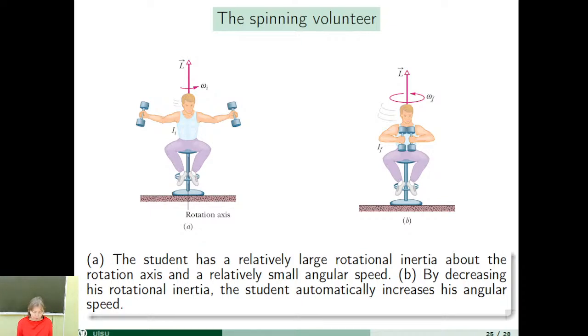According to this expression, his angular speed must be greater to compensate for the decreased I F. Here is a small angular velocity and here is a big angular velocity.